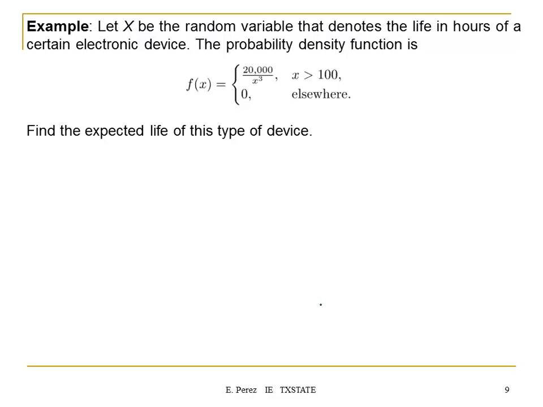Any idea? So what we did for the discrete case, we look at the summation. For the continuous, we look at the integral, right? This integral is going to be defined for x being greater than 100. So we go from 100 to infinity.